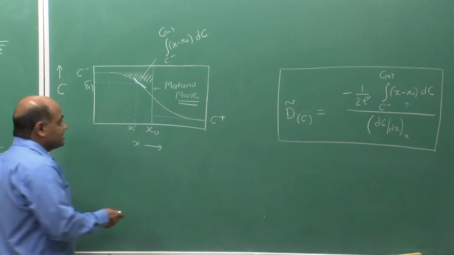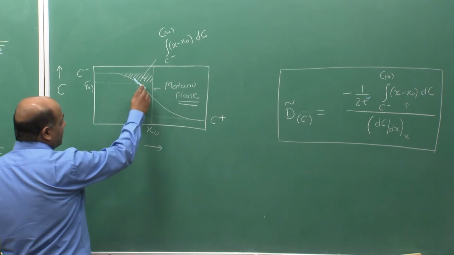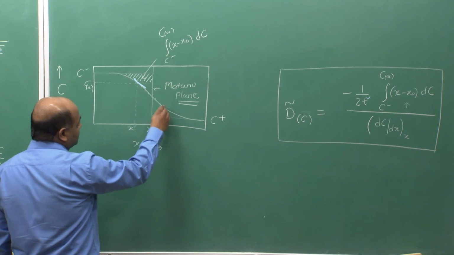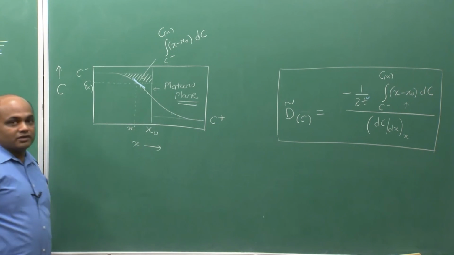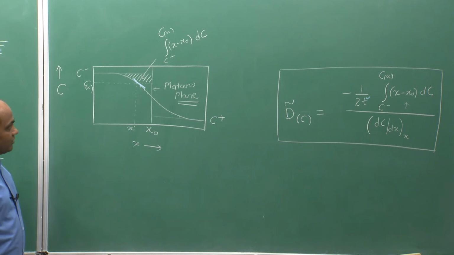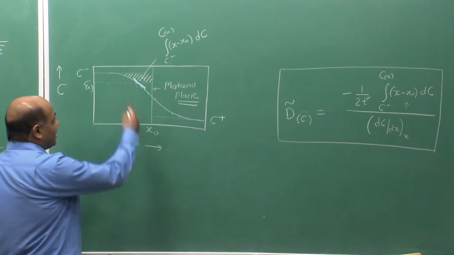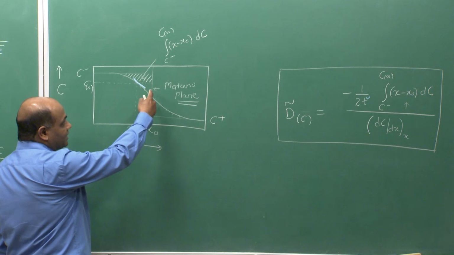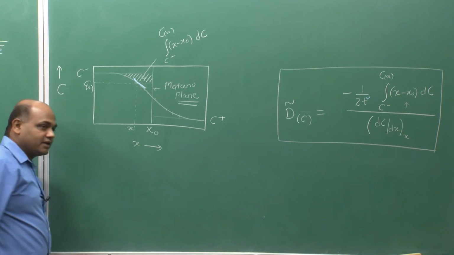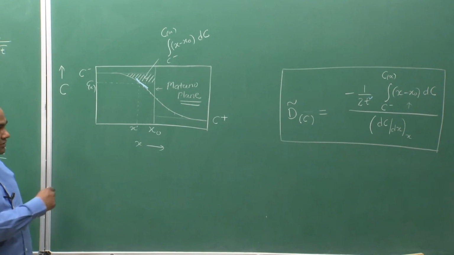Now, it can be easily seen we can apply this at any plane in the diffusion zone, and so we can find out interdiffusion coefficient at every composition that develops in a binary diffusion couple using this technique.